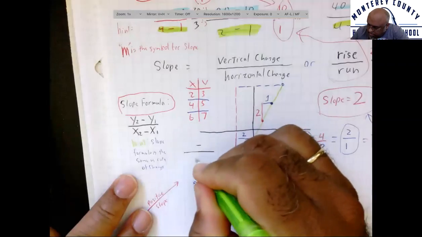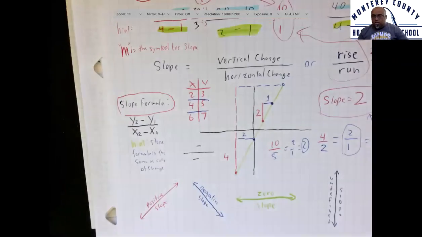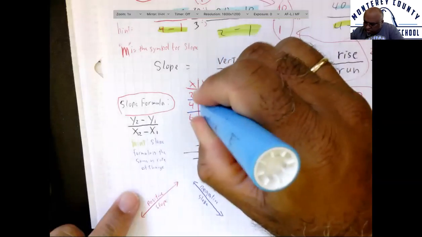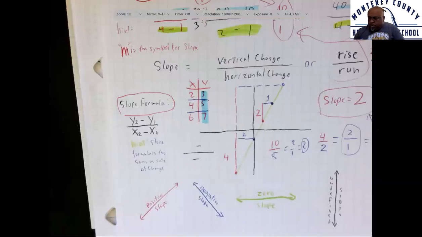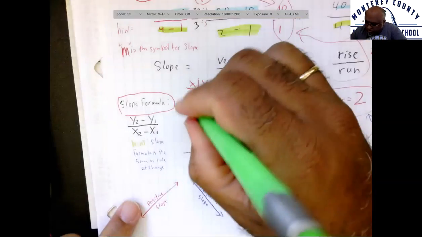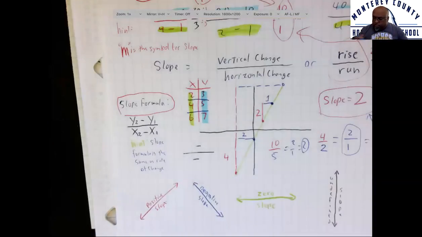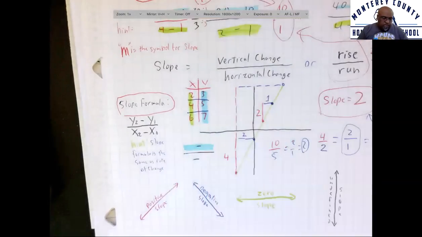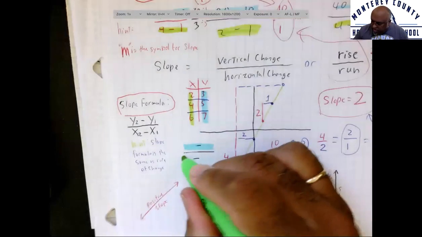I'm going to put a couple of minus signs here. Then I'm going to color code my table. These are my y values. These are my x values. Okay. Now, having done that, I want to remember I put my y values here, and I want to put my x values here.